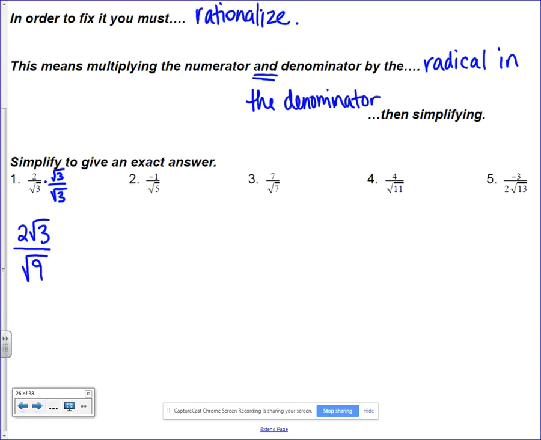What do you notice about the denominator now, though? That's a perfect square. It's still a radical, but it's a perfect square. What is the square root of 9? 3, which means I can get rid of the square root of 9 and just turn it into a 3. And now there's no more radical underneath there, is there? Does that make sense? Now I want you to know that we're going to have to look to try and reduce the 2 on the outside and the 3 in the bottom.